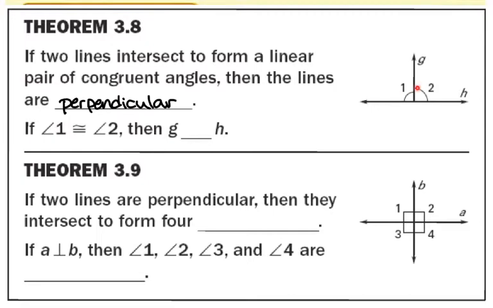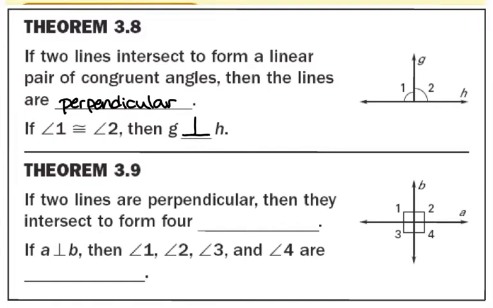These angles are 1 and 2. If angles 1 and 2 are congruent and add up to 180 degrees, the only thing they could be is both 90-degree angles. That's how we know that these two lines intersect at 90 degrees and therefore are perpendicular. The symbol for perpendicular is this right here, if you haven't seen it before. It's an upside down T.